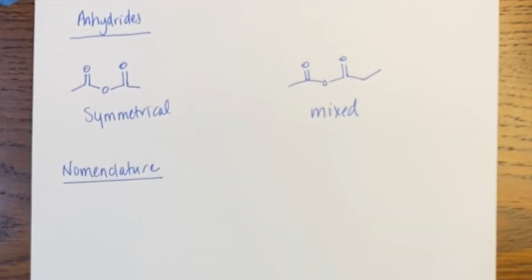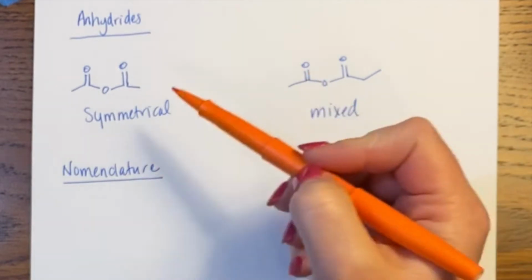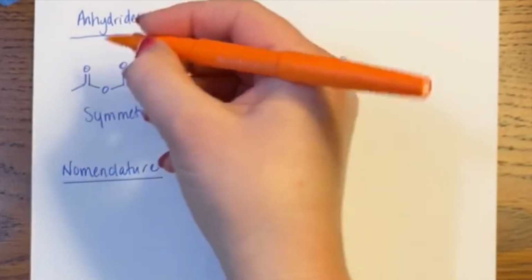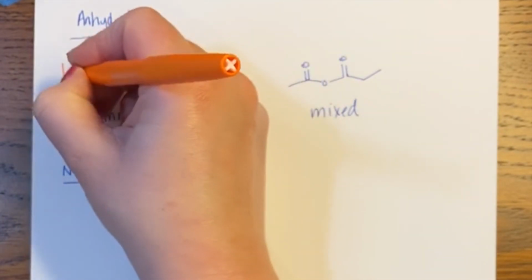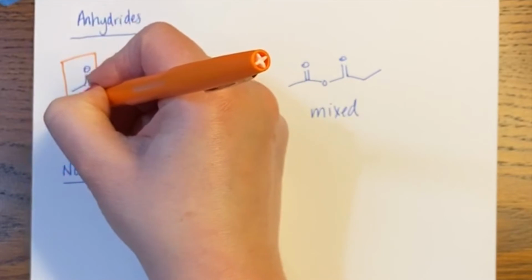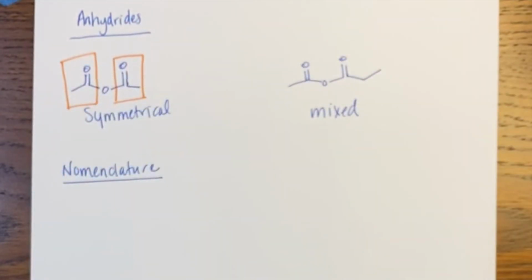When it comes to naming an anhydride, the parent names that we're going to be using will be based on the compounds as if we named them as though they were carboxylic acids. So when we look first at this symmetrical anhydride, we know that this piece and this piece here are equivalent to one another.